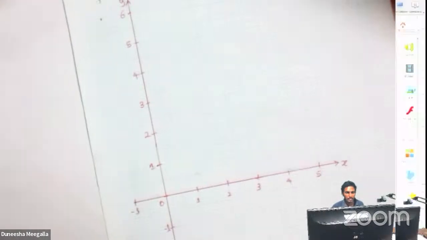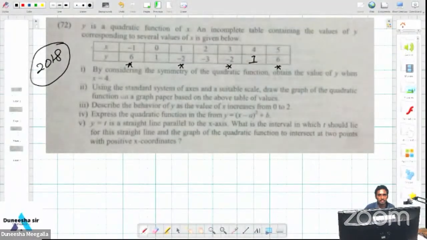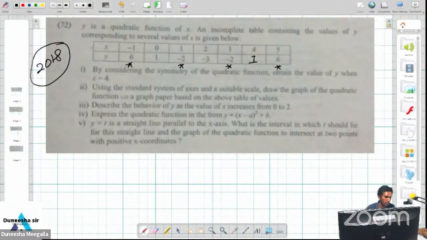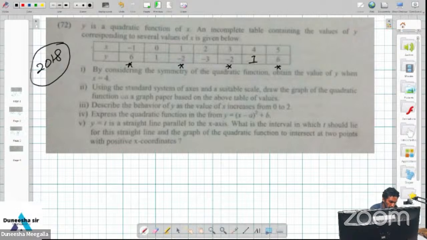What is that? When x is 0, what is that? y is 1. Then x is 1, y is -2.